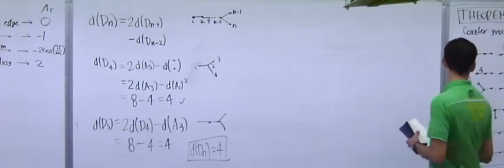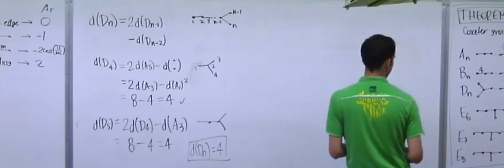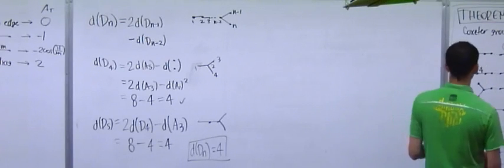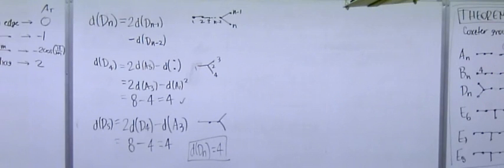So we keep doing this, right? For example, for Bn, what's going to happen? We get again exactly the same recurrence. It's just that the initial values are going to change because B2 is different from A2 and B3 is different from A3. So, by the way, when should we have a Bn here?